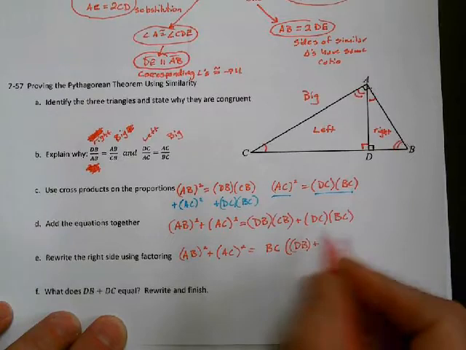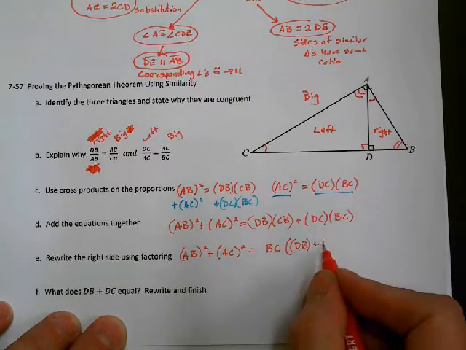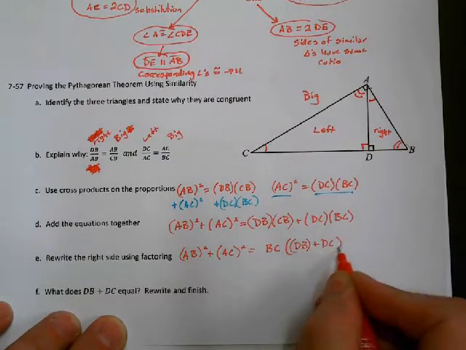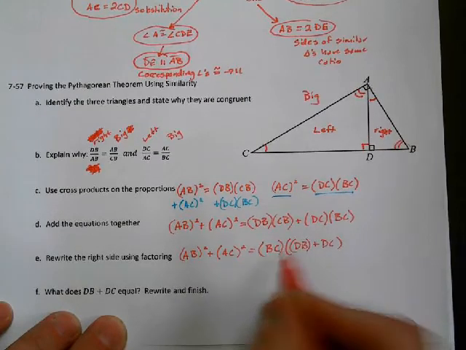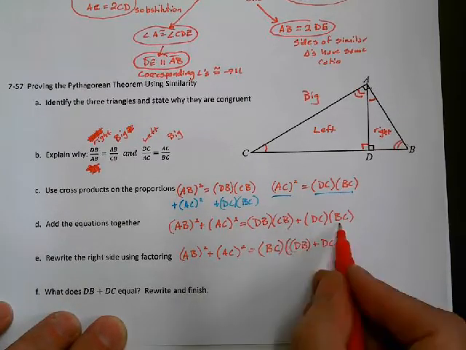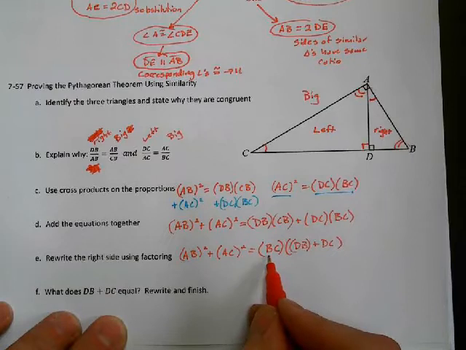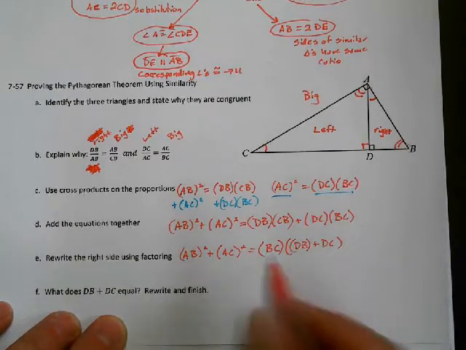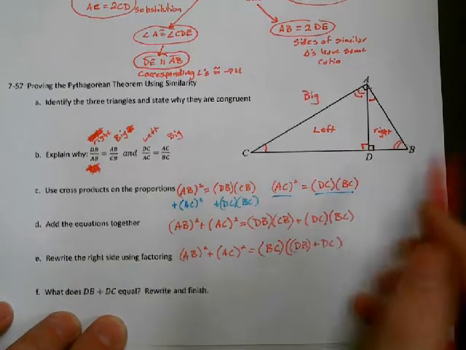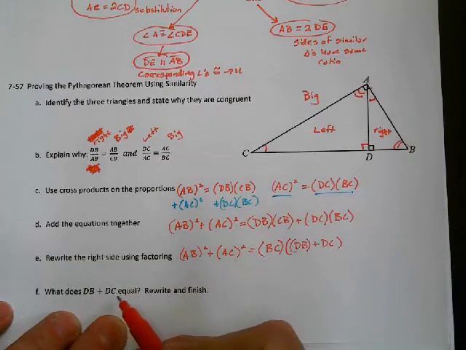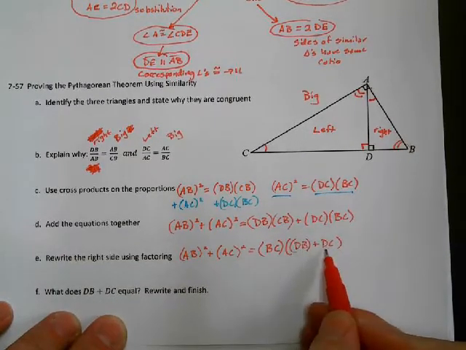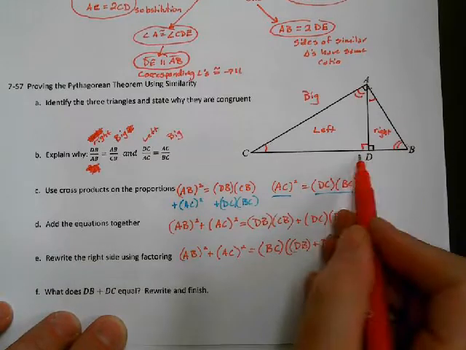I guess I didn't need the parentheses there. So I factored out BC. BC is right here, BC is right here, so I got BC here. All right, now looking at our original part here, it says DB plus DC. DB and DC together make CB.